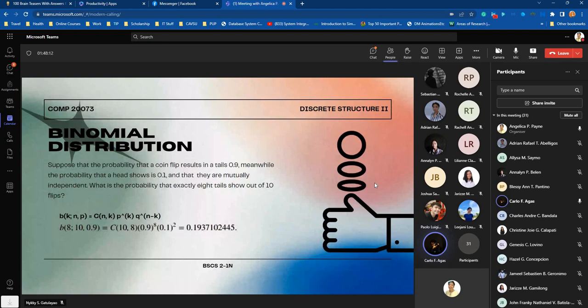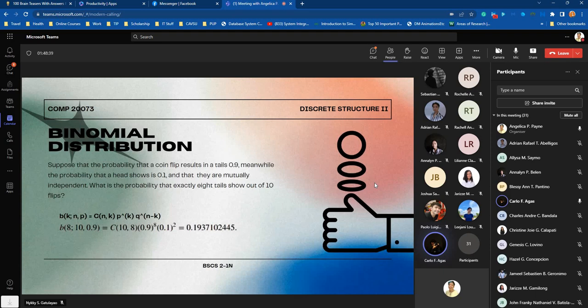So, the combination of 10 trials with 8 successes, times P, the success rate, to the power of the number of successes, so 0.9 to the power of 8, times the fail rate, 0.1, to the power of n minus k, which is 10 minus 8, so 2.